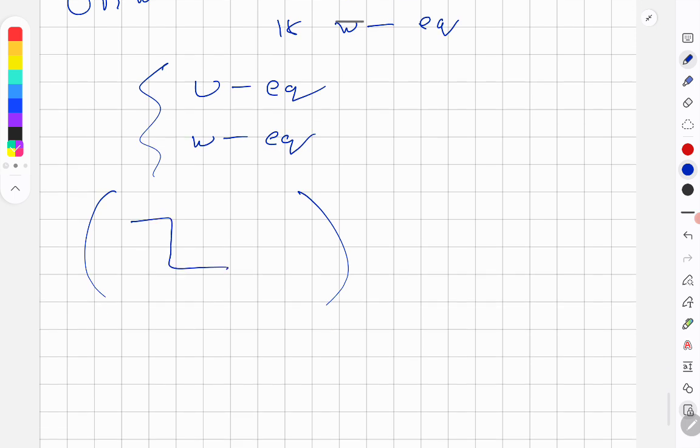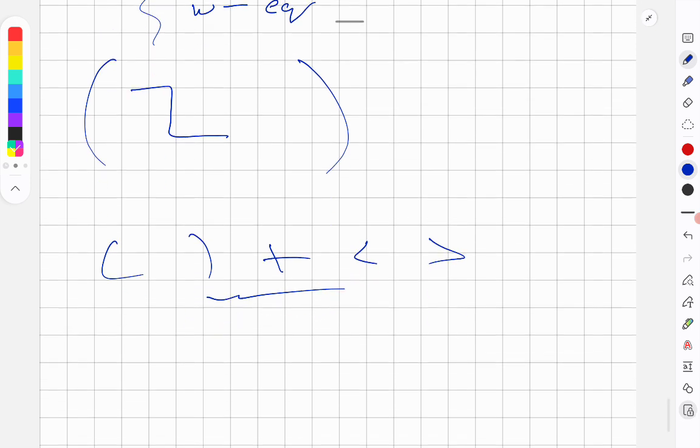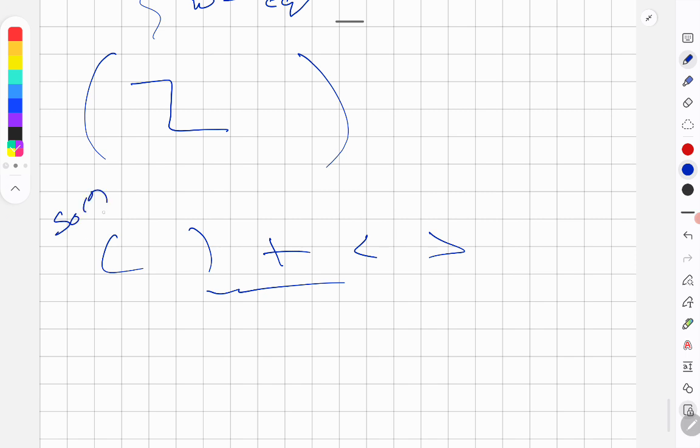You will do this, then whatever the solution you will get. Doesn't matter how many equations. So for this one, we have like 2 equations for U, but we don't have equation for W. That's the thing. We are imagining that. So whatever the solution you will get is U intersection W.